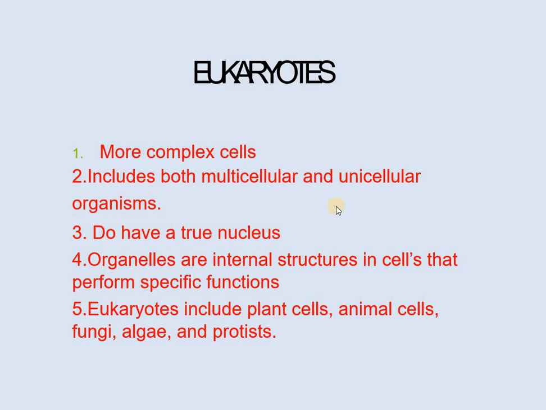They include both multicellular and unicellular organisms, and they do have a true nucleus. Organelles are internal structures in the cells that perform specific functions. As you have already seen, they have been labeled, like your endoplasmic reticulum, Golgi body, vacuoles, plastids in the case of plant cells, etc. Eukaryotes include plant cells, animal cells, fungi, algae, protists, etc.